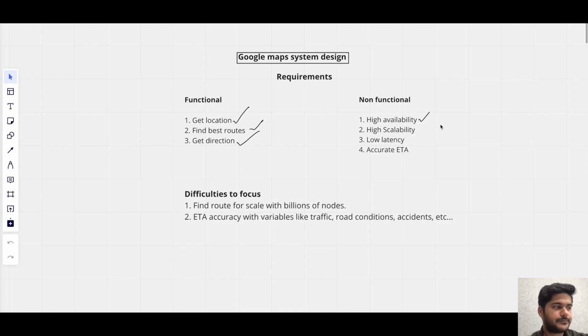Then in terms of scalability, we know that there is very high usage of something like Google Maps. By scalability what we mean here is that right now maybe only 100 users are using it, and now suddenly thousands, or 100,000 users, are suddenly using it.